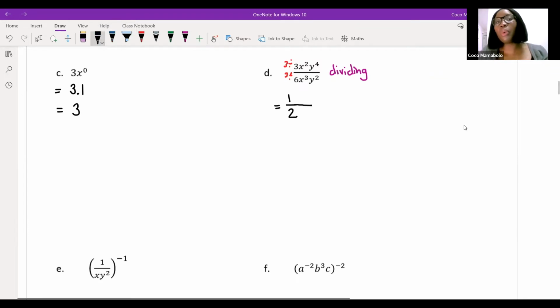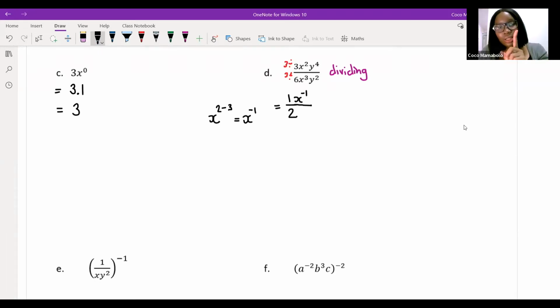Okay, so remember, and you're saying it correctly, Burlington, when we're doing that rule, we always minus the bottom from the top. So we're going to keep the x, and we're going to go 2 minus 3. And what's 2 minus 3 going to give me? X to the power of -1. So I would actually get x to the power of -1 here.